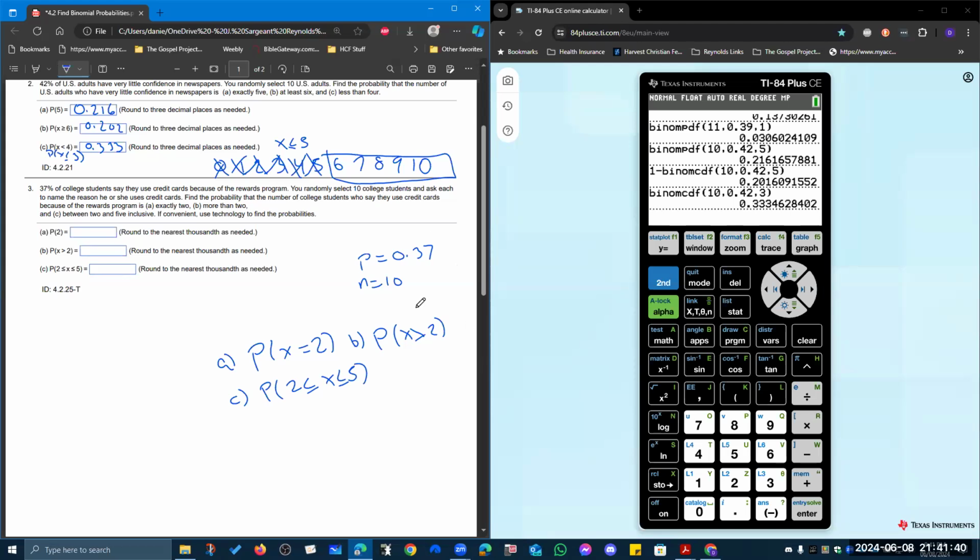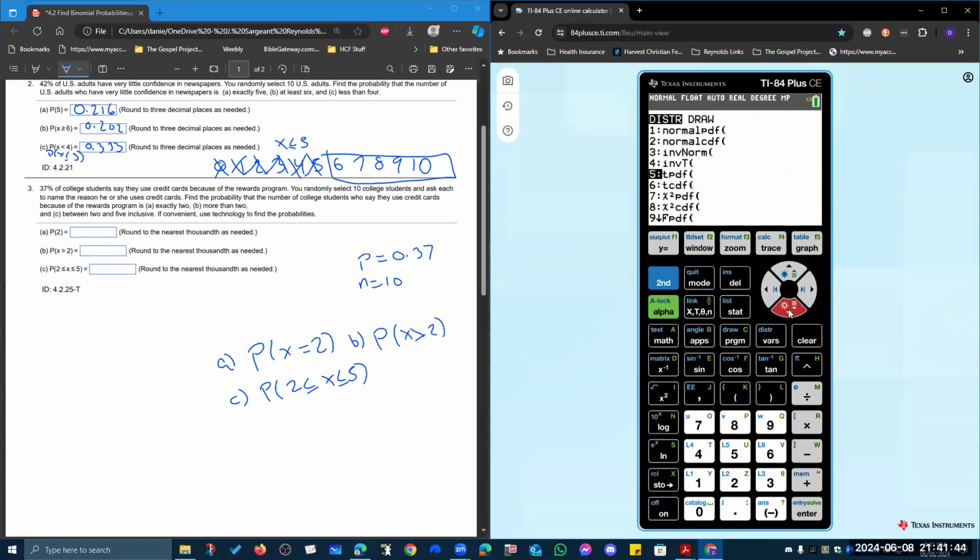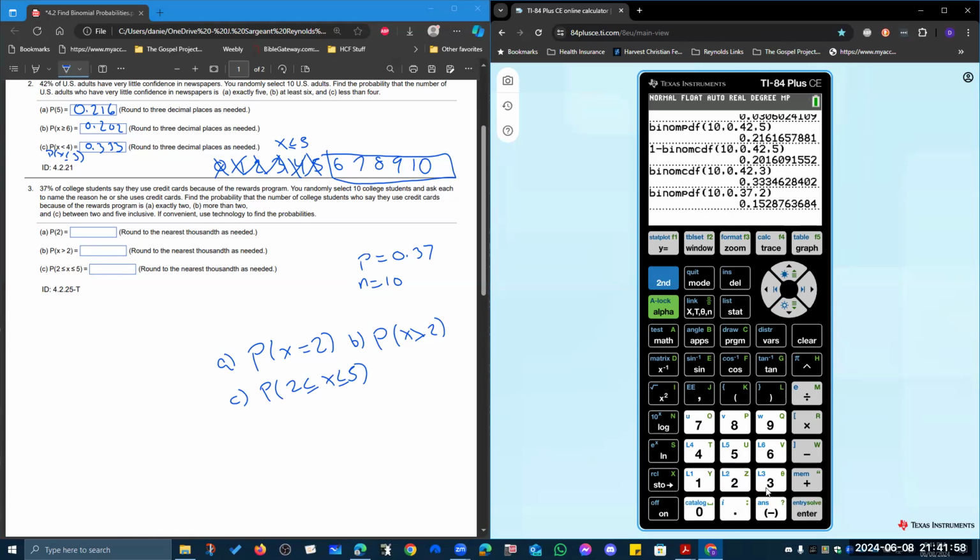Awesome. So let's go ahead and find a binomial PDF for the first, where we have 10 trials, 37% probability, and we want x to be exactly equal to 2. And that's going to be 0.153 when we round to the nearest thousandth. Thousandth is 3 decimal places.